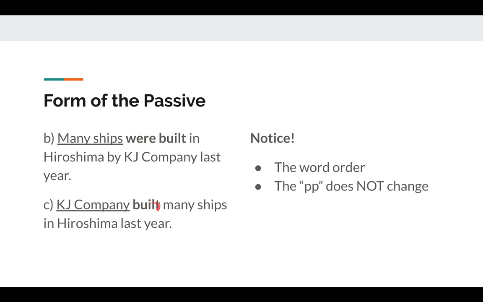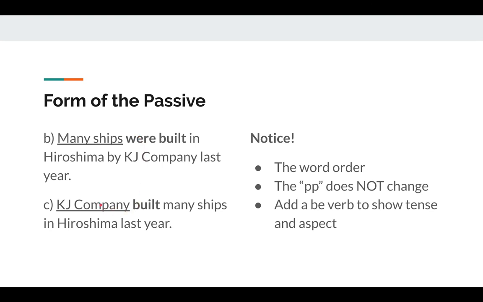This one is simple past. KJ Company built ships. Here, we changed the be verb to simple past, right? Many ships were built. Okay. And then we added a be verb to show the tense and aspect. Okay, so that's basically it. And remember, the subject and the verb always match in number.